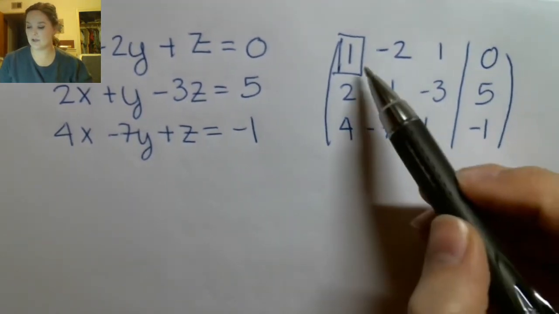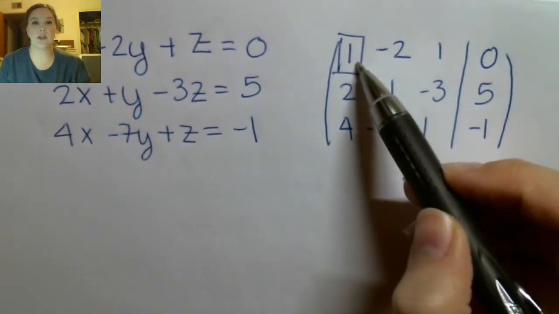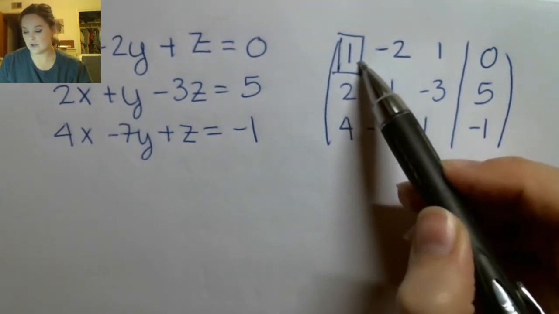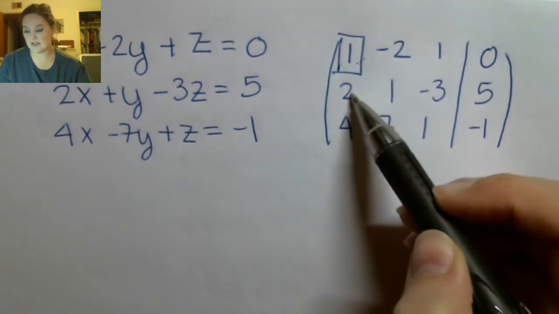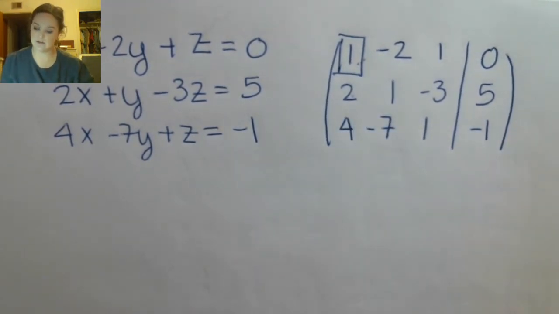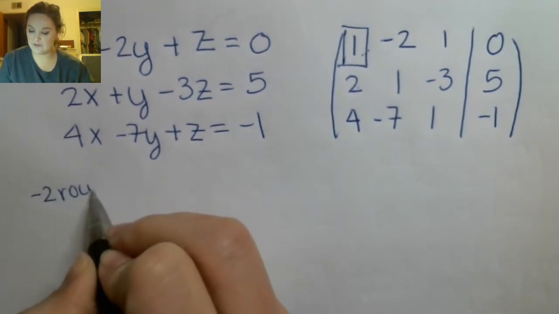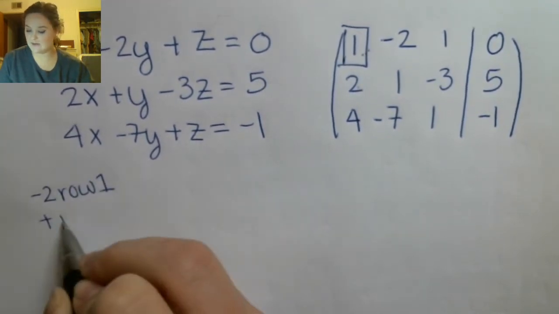First we're going to check that this is a 1. It is. And then we're going to use this position to get zeros below it. So I'm going to do negative 2 times row 1, and I'm going to add it to row 2.